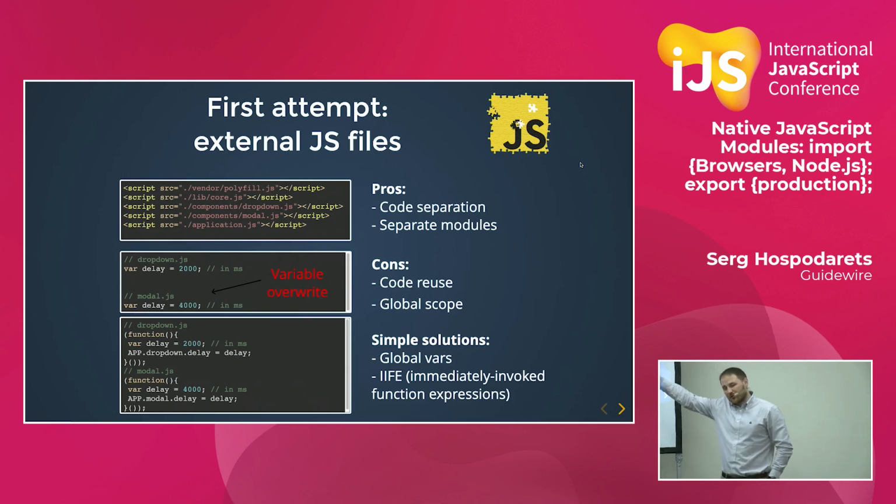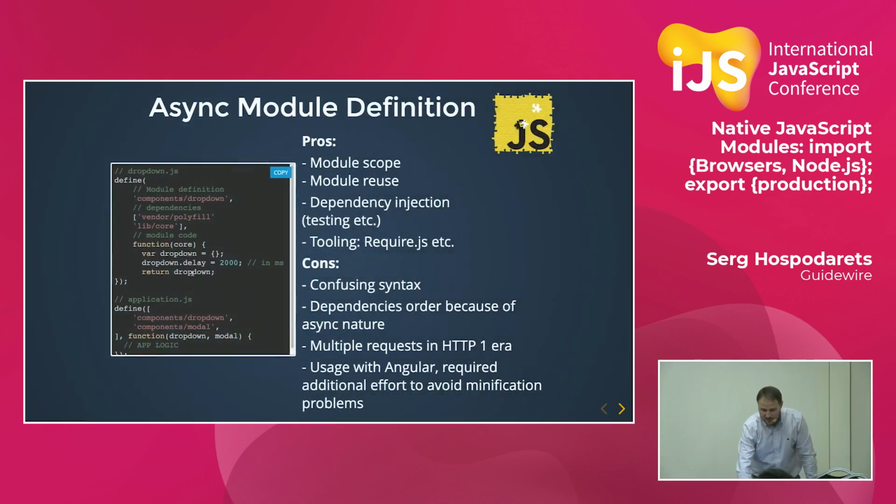You put a variable in one file, then put the same variable in a second file, and you overwrite it. Terrible, no scopes. The simple solution was self-invoked functions: you wrap everything in a function, which provides a scope, but it's crappy. There should be something better.